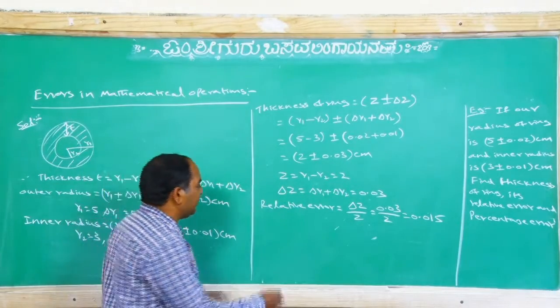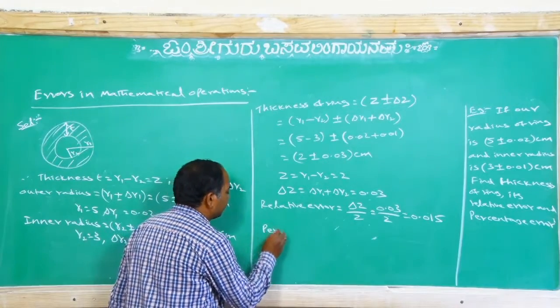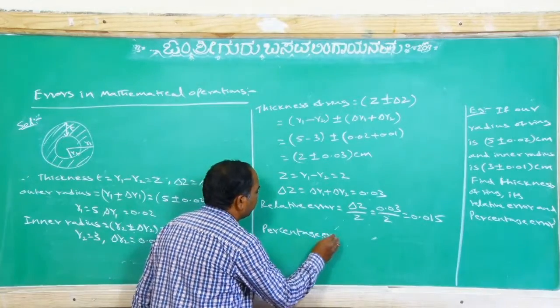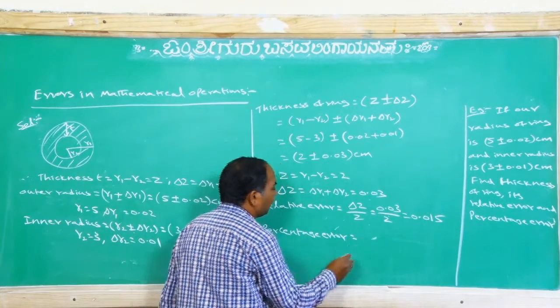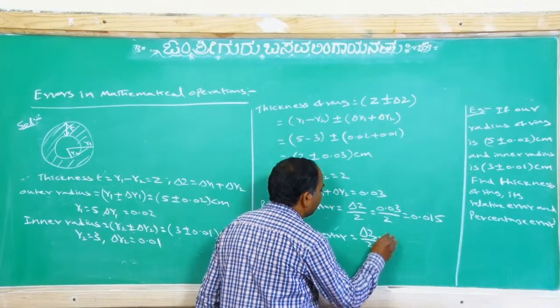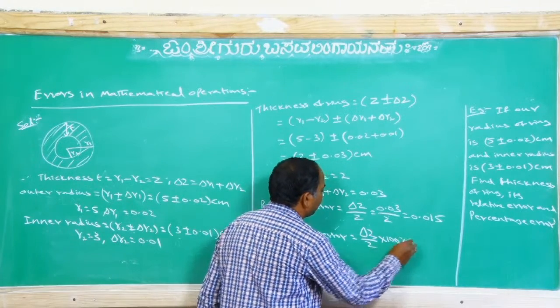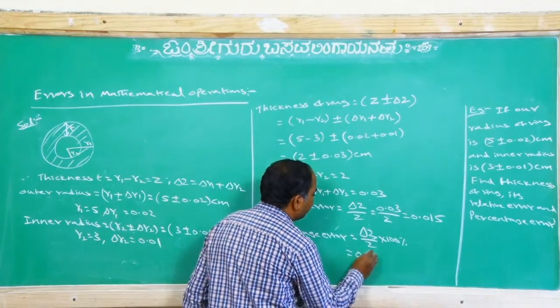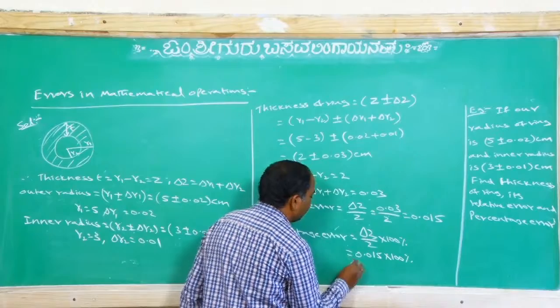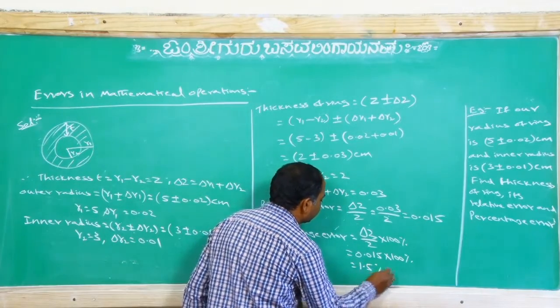After getting the relative error, the percentage error. Percentage error is equal to delta Z by Z into 100%, that is, relative error into 100%. That is 0.015 into 100%, which is equal to 1.5%.